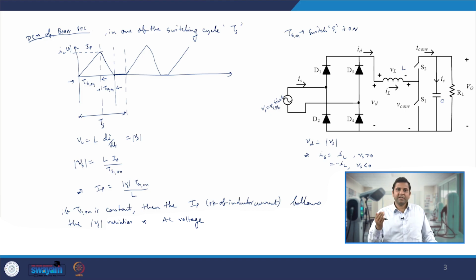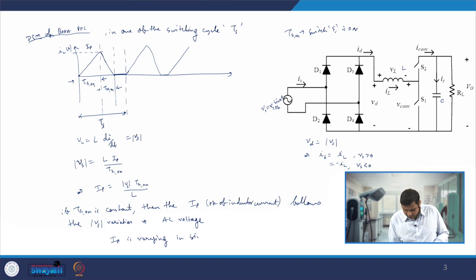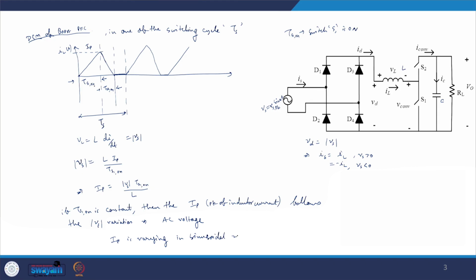Ip is varying in a sinusoidal manner. Thus we can say that the input current peak is following the input AC voltage. Further, if the peak is following the voltage, then there is a possibility that the average variation of current in a switching cycle is also following the input AC voltage.